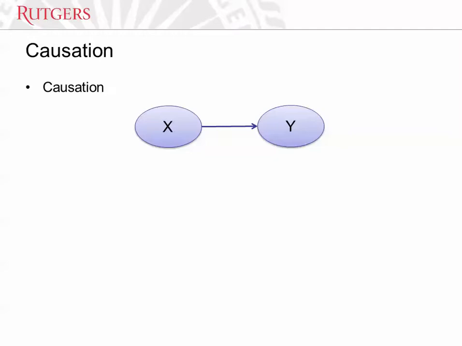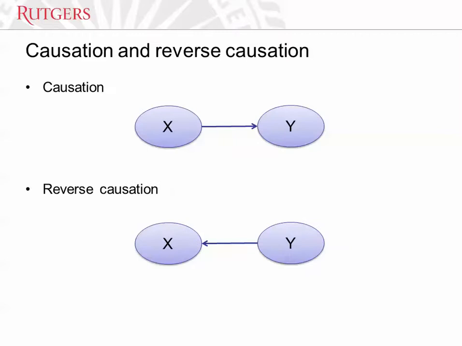Now, let me point out another possibility. Whenever you hear about a correlation like that, it's useful to just turn things around and think of another possibility, which is that things could work the other way around, and we call this reverse causation. At least consider the possibility that Y is causing X. So let's think about that in this study.